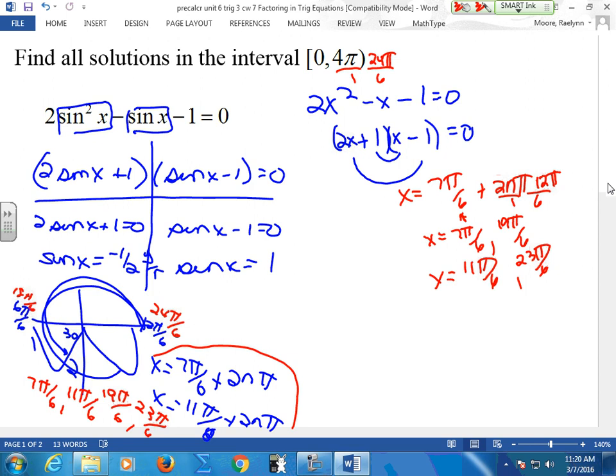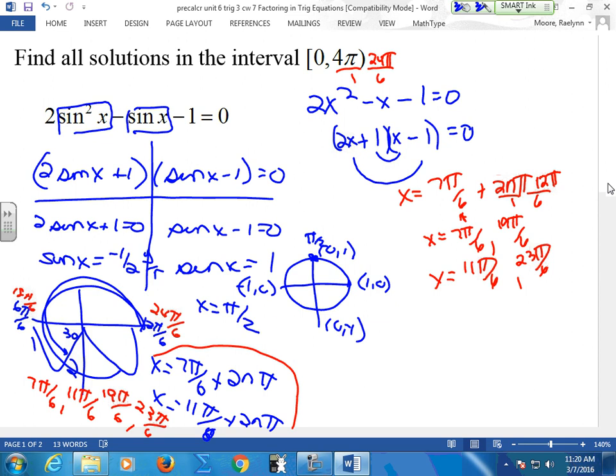Now, we didn't finish this guy. Sine is 1. I notice my sine is 1. Sine is the x or the y? The y. So in my quadrants, where is sine 1? 90 degrees. So this guy up here is pi over 2.